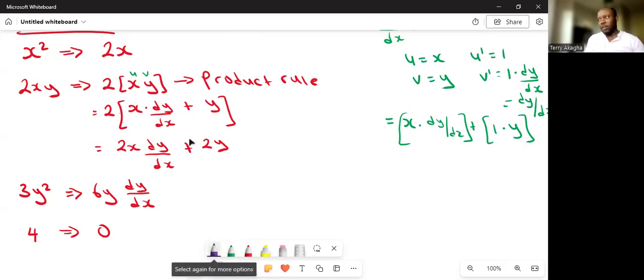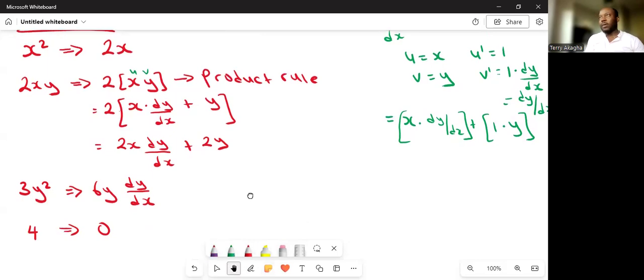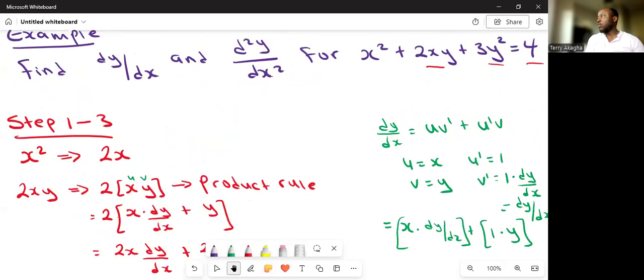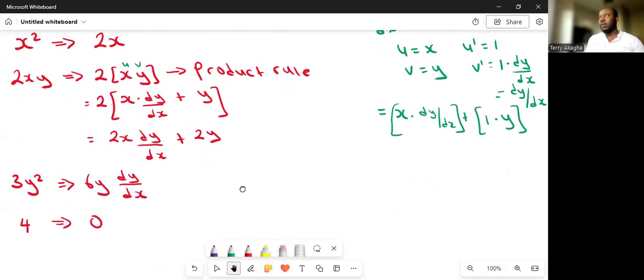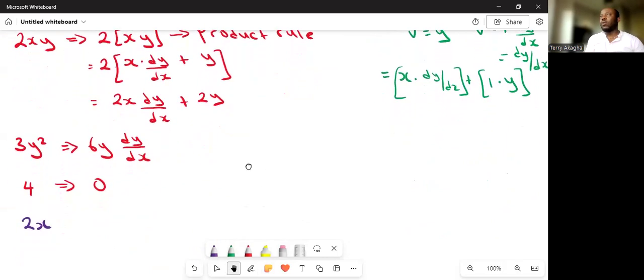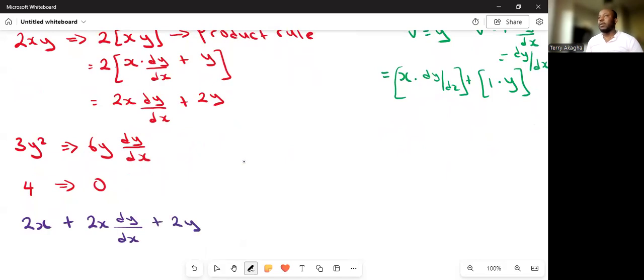So we're going to bring them all back now. So instead of us having x squared, we're going to replace it. So the x squared we had, we're going to replace it with what? 2x. Okay. So the x squared is going to become 2x. Now the next one, the 2xy, we're going to replace it with what? 2x dy over dx plus 2y.